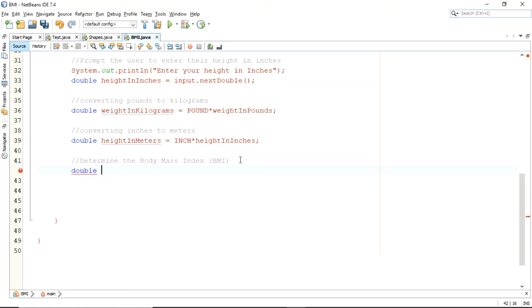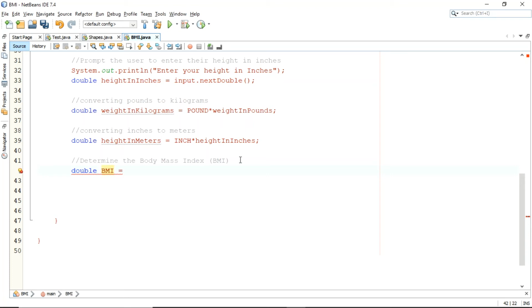BMI. So like we said, BMI is equivalent to weight in kilograms over height squared in meters.